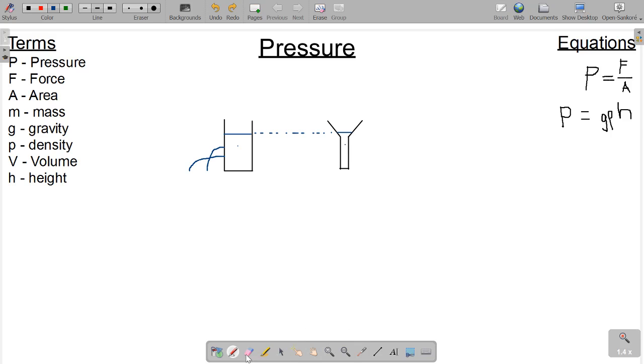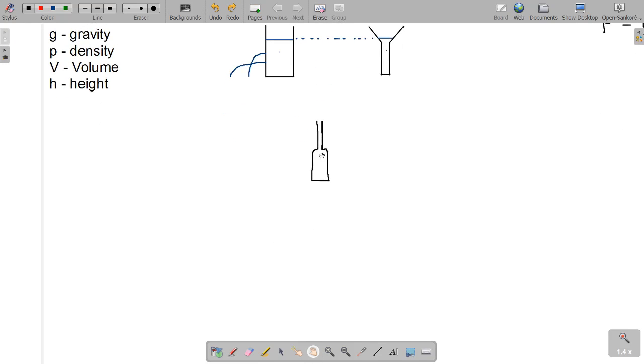So for the third container she used, here's the third container, and it is filled with water to, say, this water level.